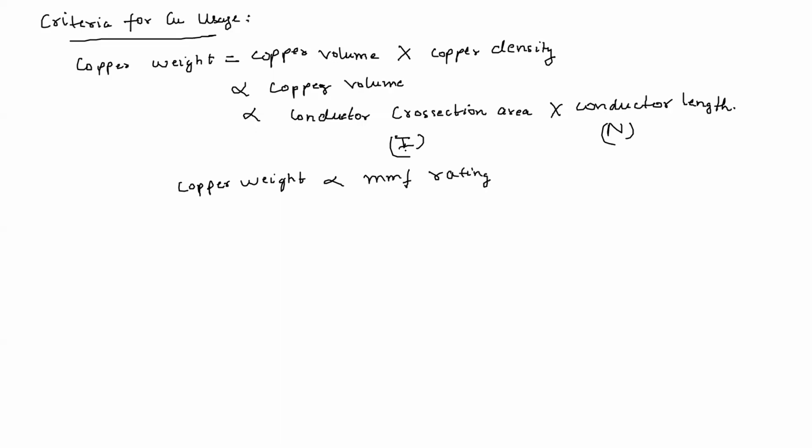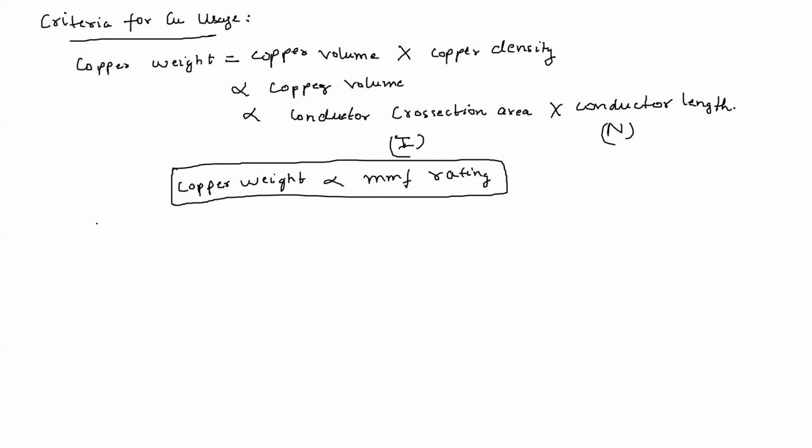Depending on the current rating, you decide how thick the conductor cross section should be. If you have a 10 ampere current rating, you will take a thicker wire so that it can carry more current. Similarly, if you have milliamperes of current, like in electronic circuits, you will use jumper wires, which are very thin with a very small cross sectional area. The more the current rating, the more the area required. Similarly, the more the number of turns, the more the conductor length. That is why the copper weight is proportional to the MMF rating of the transformer.